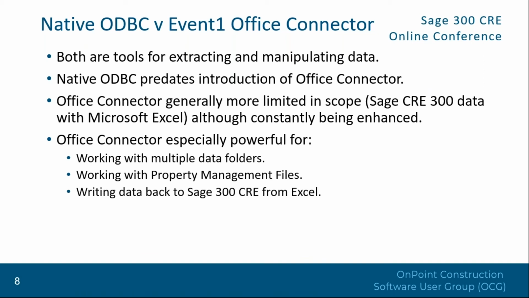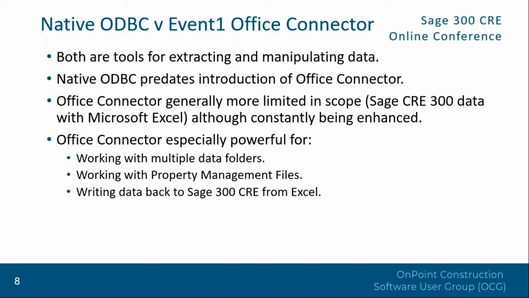If you need to write data back into Sage 300 from Excel, now we mentioned before that in native ODBC, right now I can only write back basically in Access and in Query.